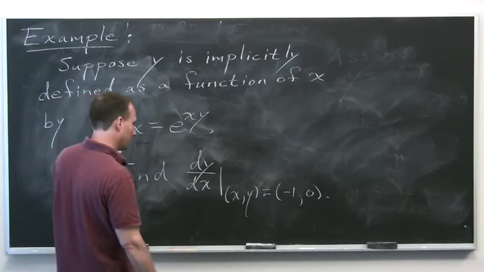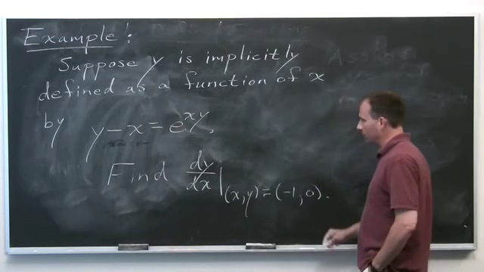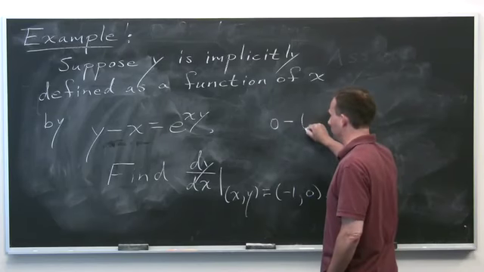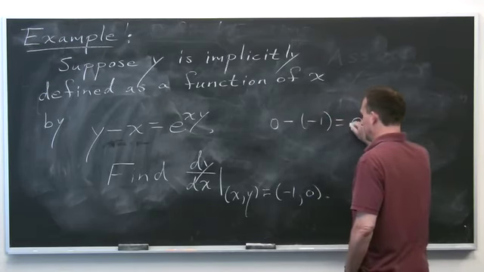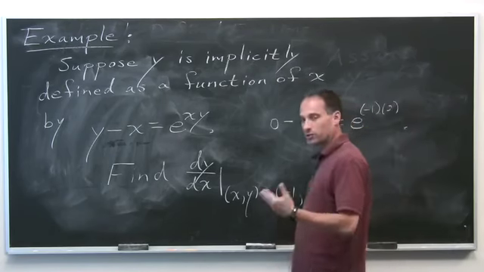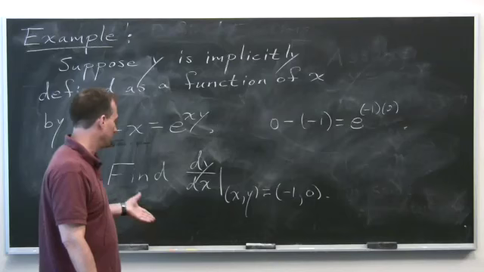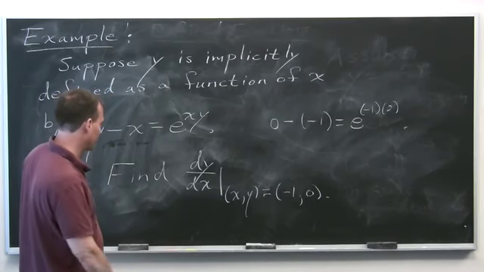So we should verify that, with the y-coordinate 0 and the x-coordinate -1, we need 0 minus -1 to equal e to the -1 times 0. If this isn't true, you might as well stop the problem because something's wrong with the way it's phrased. There's a typo or a mistake or whatever.